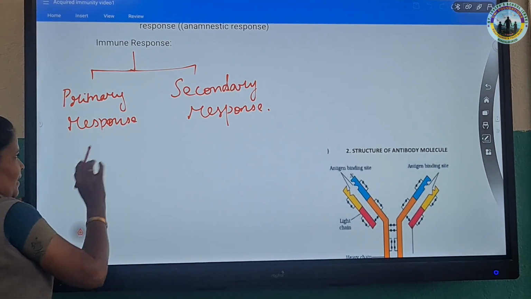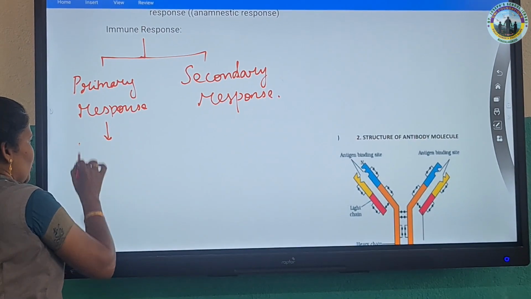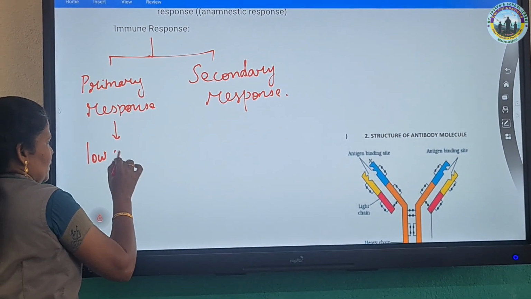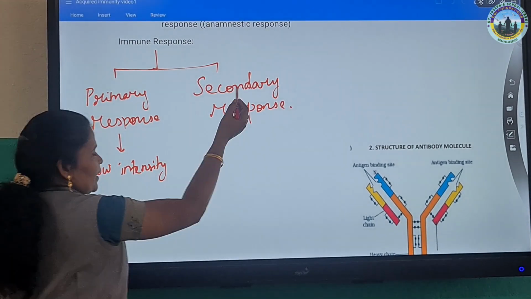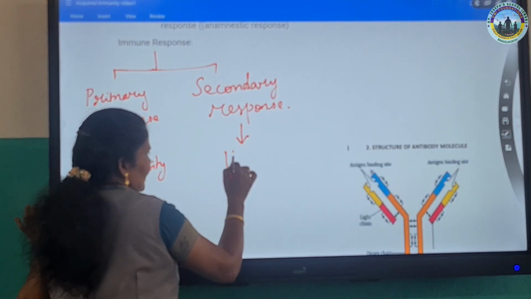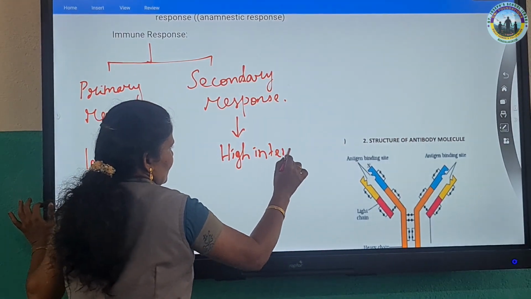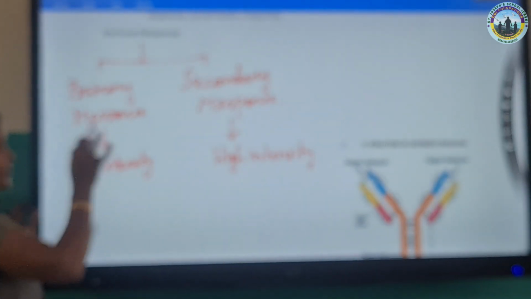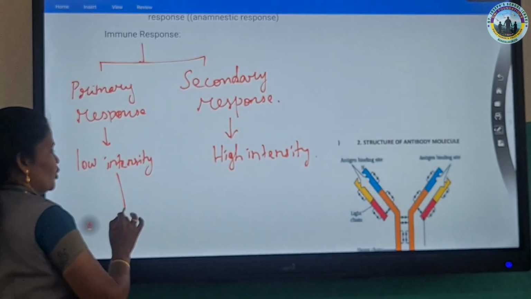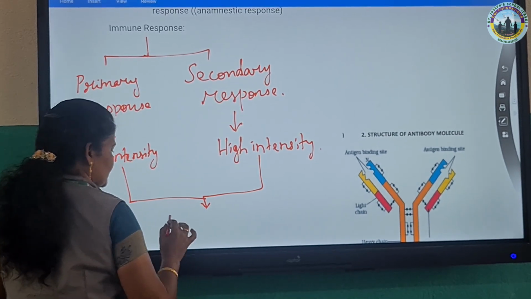The primary response we already studied: the memory is low, so low intensity. But the secondary response has high intensity. Now, the primary and secondary responses are brought about by lymphocytes.